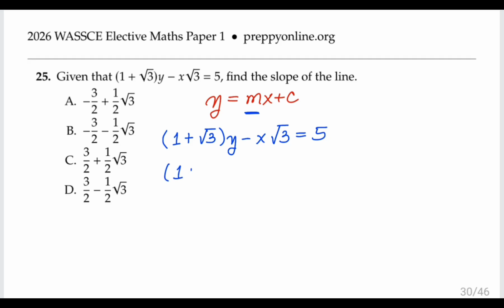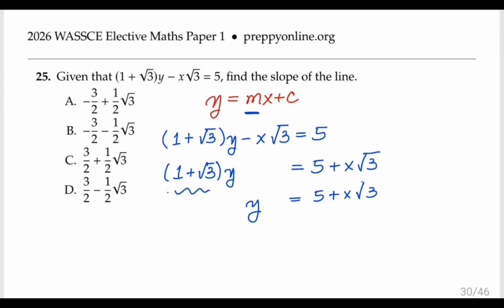So 1 plus the square root of 3 times y is equal to what? 5 plus x root 3. So we divide both sides by this coefficient. And what do we get? We get y is equal to 5 plus x root 3 all over 1 plus the square root of 3.